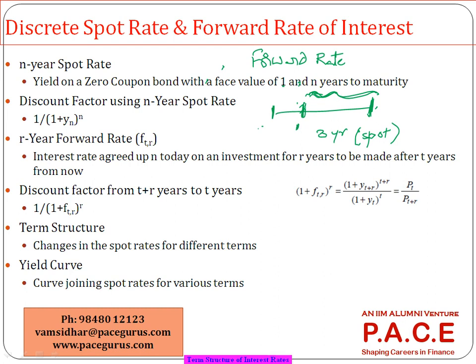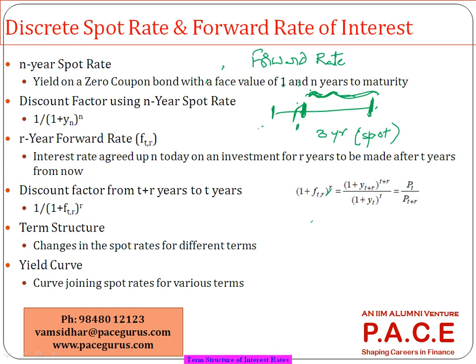That is what we call forward rates. Not today, but whenever I am looking at the spot rate 2 years later or 1 year later, starting from some time in future, whatever interest rate is not applicable from now but is applicable after some time in future, those are all called forward rates.